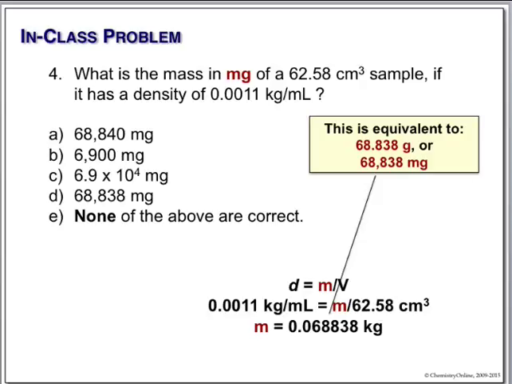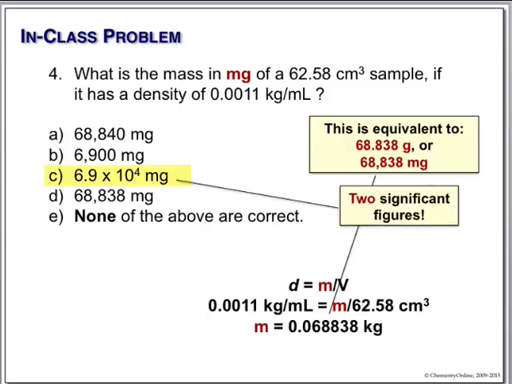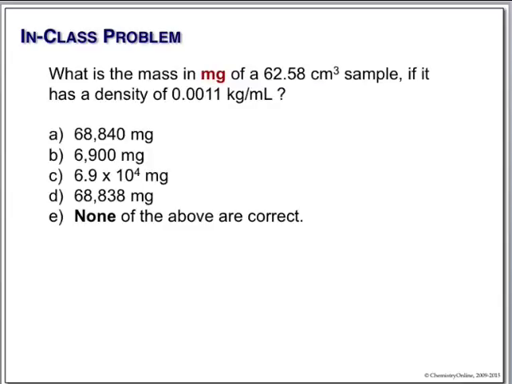And remember, every gram has 1,000 milligrams, so 68,000 milligrams. The best answer here is going to be this one, because again, only 2 significant figures. Let's do one more here. Let's skip this one. Again, this is lots of conversions.